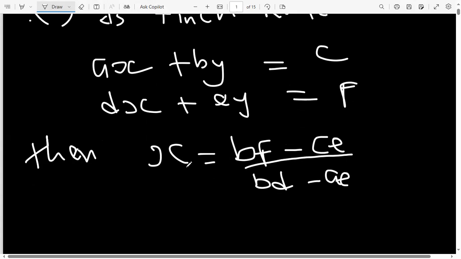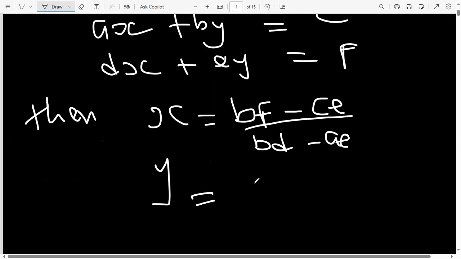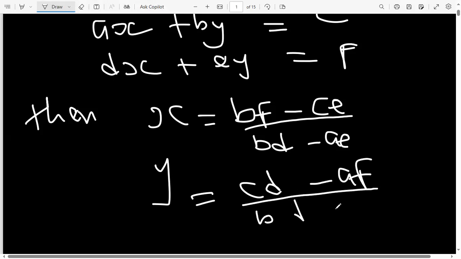So x is equal to bf minus ce divided by bd minus ae, and y is equal to cd minus af, and we divide all this by bd minus ae. What do you notice from these two equations? We notice that the denominator is the same. The denominator doesn't change.